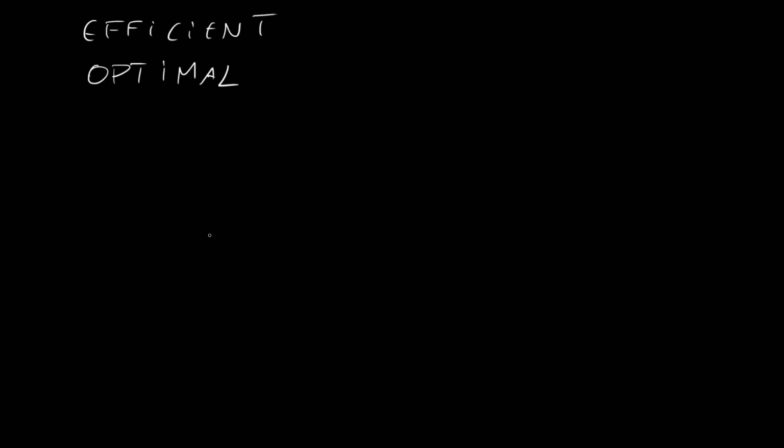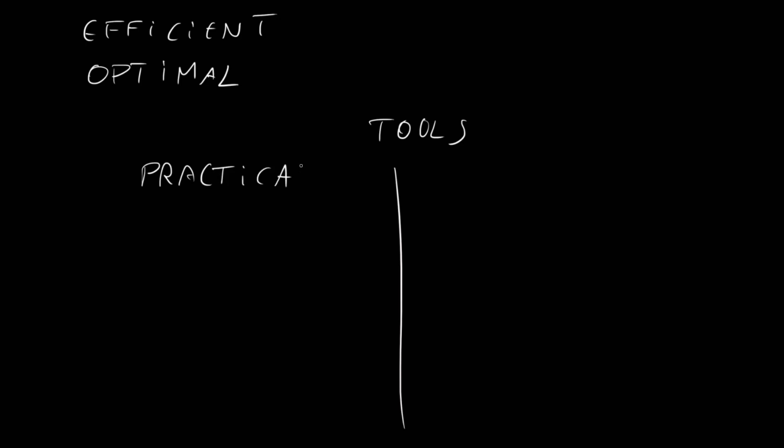And there are some tools that we have to analyze this. First of all, we have some tools that are practical, and we have some tools that are theoretical. We have here the practical, and we have here the theoretical tools.